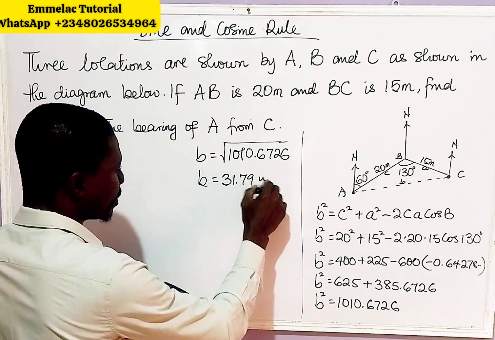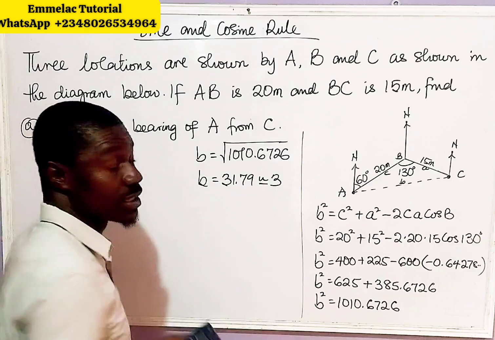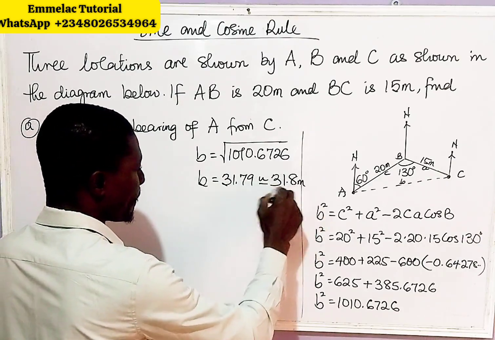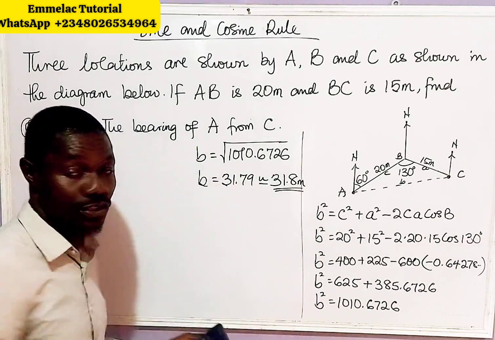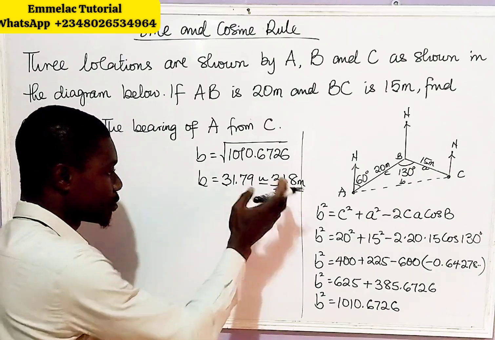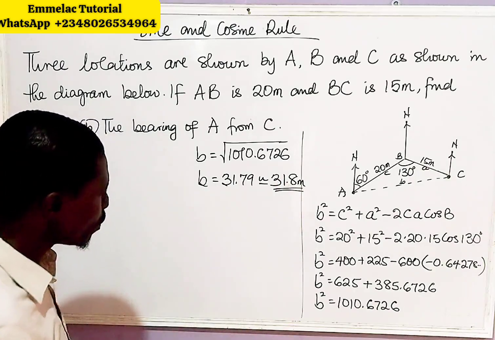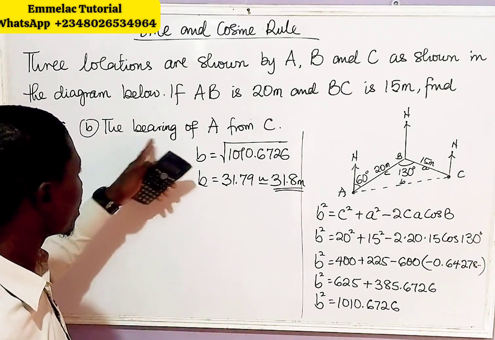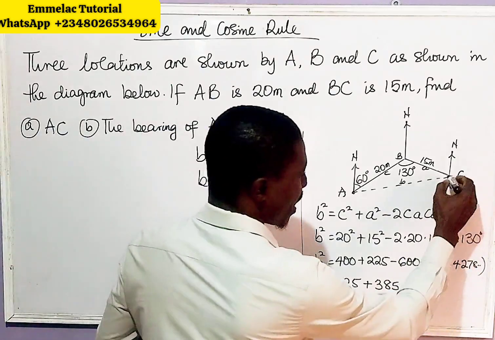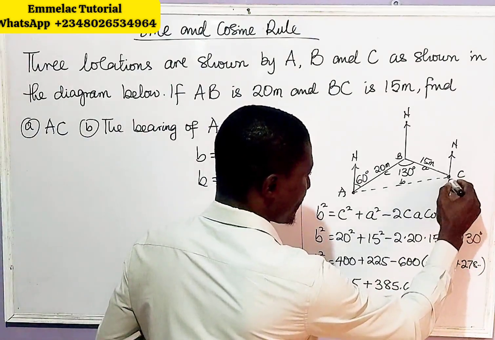So approximately, let's put it to one decimal place, 31.8 meters. Although there is no restriction on the board, maybe to 2 decimal or 3 decimal, I just did this by my own discretion. So the next one we need to look at now is the bearing of A from C. That is the angle here.